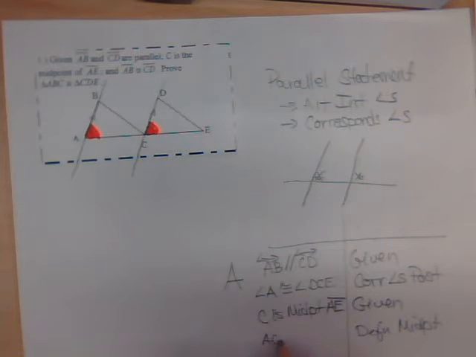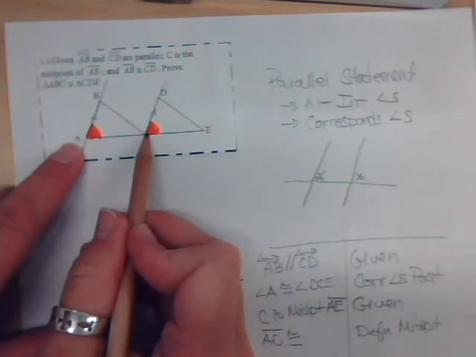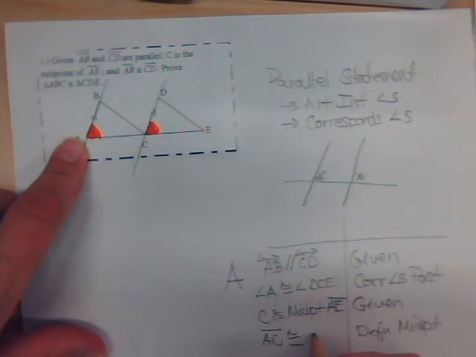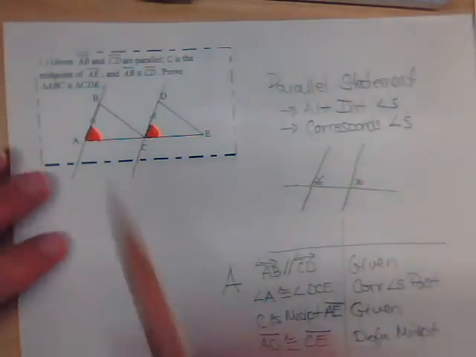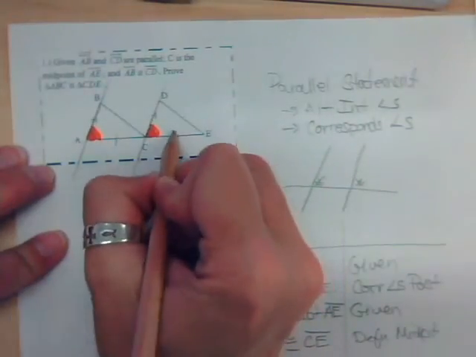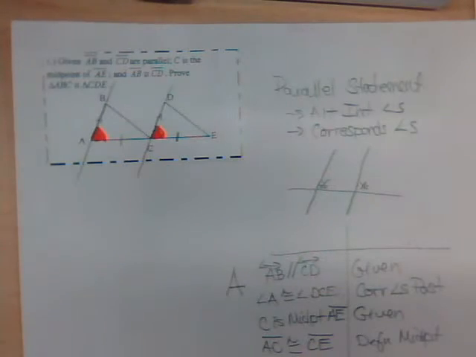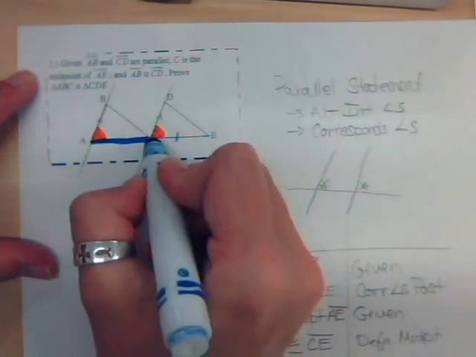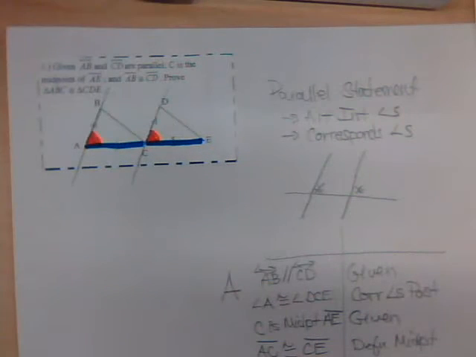So AC is congruent to, now I did AC and A is corresponding to C, so you're right, I would use CE. Watch your order. So in that case, I got a little mark there and a little mark there. I'm going to use a different color this time. And I know this blue line is the same as this blue line. It helps you see the two triangles.